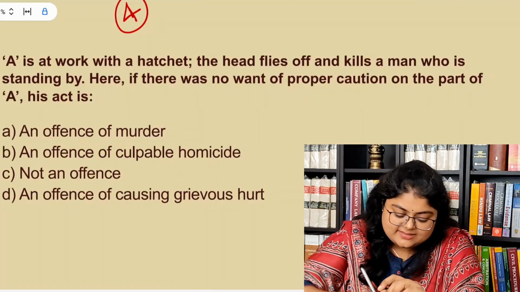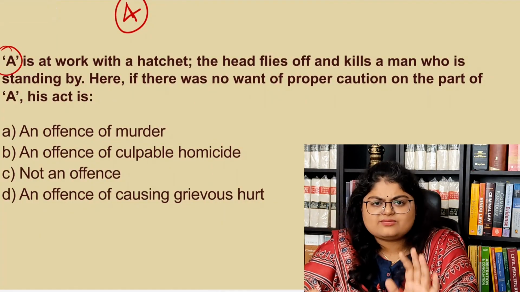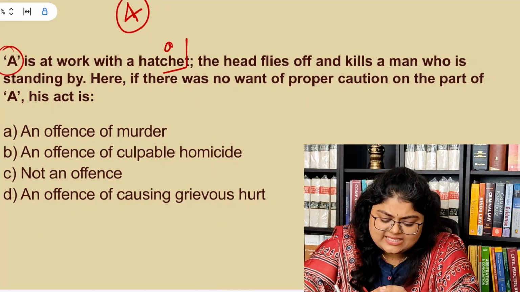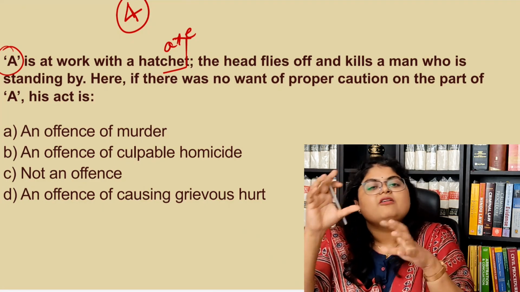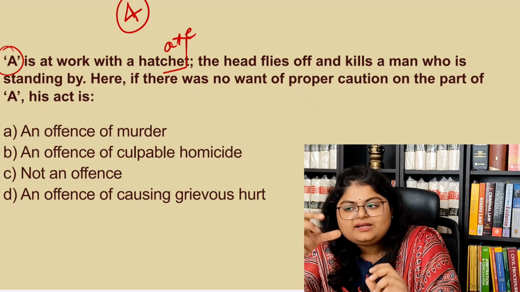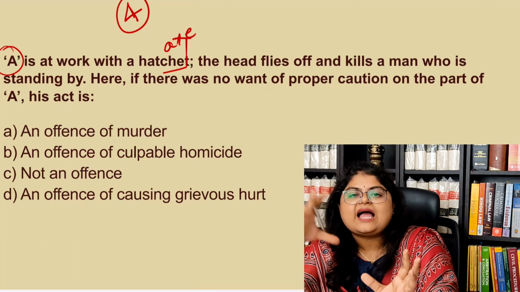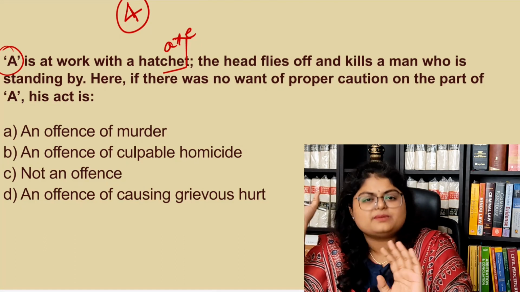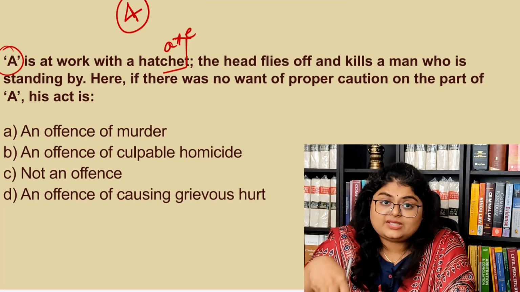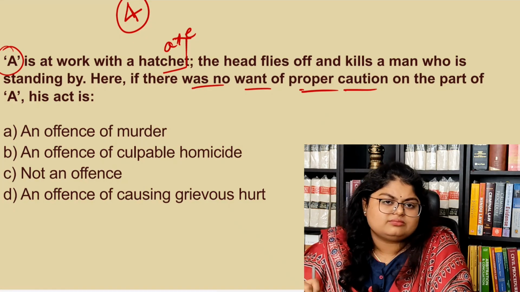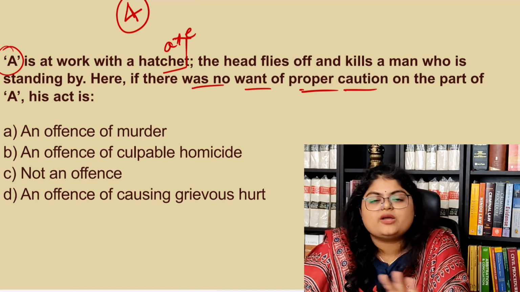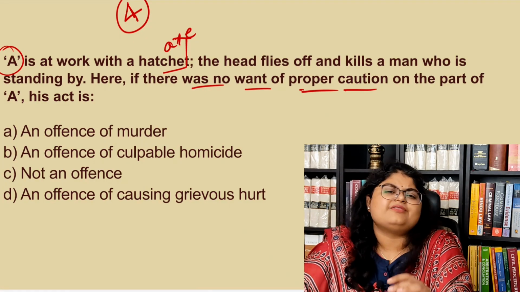They are saying A, one person, is working with a hatchet. Hatchet is like an axe; there is a wooden part and there is a metal part. While he was working, this metal part just broke and went and hit some other person. Now, in the question they are asking, if there was no want of proper caution, meaning no negligence on anybody, is this an offense or not?